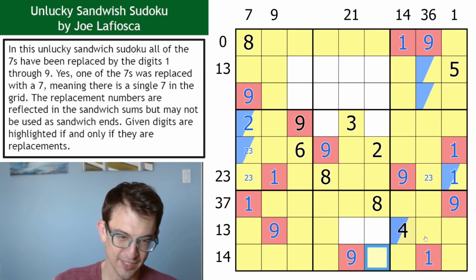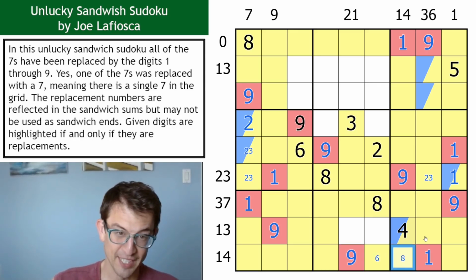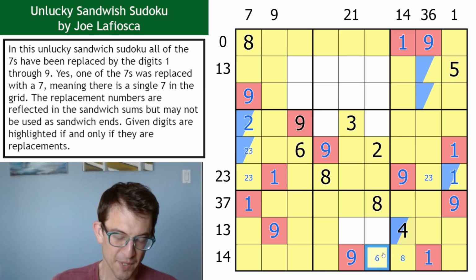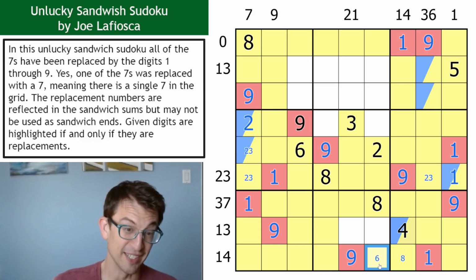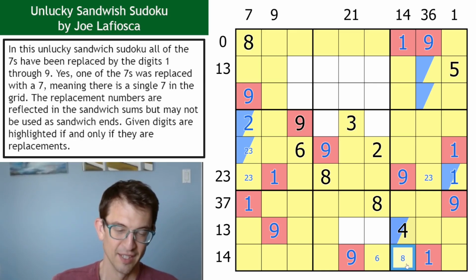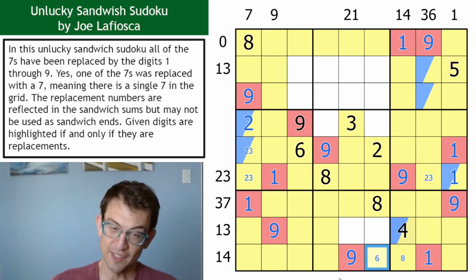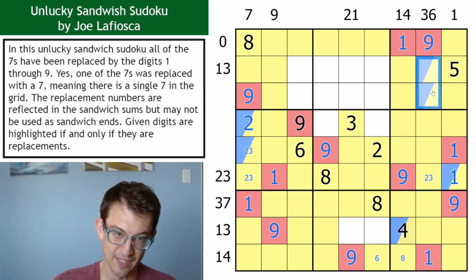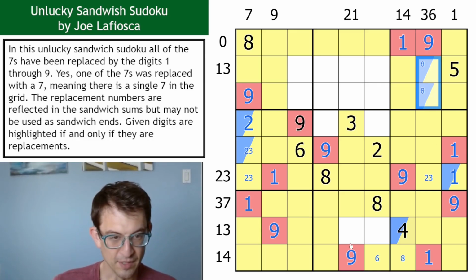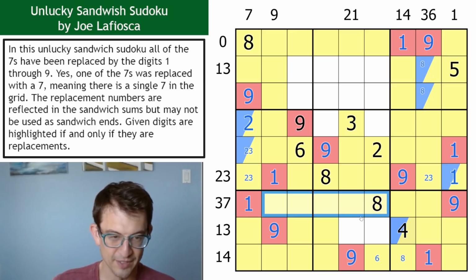Okay, so the obvious things it could be, oh, 9's gone. So the obvious thing would be a 6, 8. But if this is fake 7, this could be fake 7 masquerading as 6 with an 8. It could be fake 7. It can't be fake 7 masquerading as an 8 because that's taken here. In fact, let me put that there to remind myself that that's the fake 8. The fake 9's here. I'll just have to remember because I'm not going to mark these all as 9.